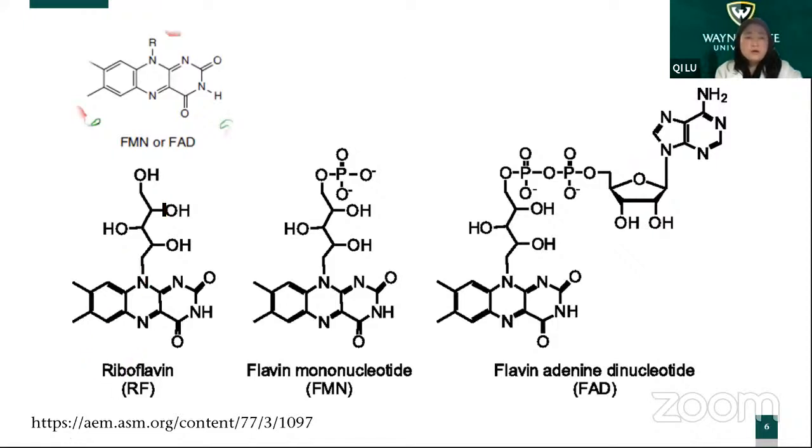So for the flavin, FMN or FAD, this shows the chemical structure of riboflavin RF, FMN, and FAD. It has this flavin part and the adenylene dinucleotide part, and this one is a mononucleotide part.